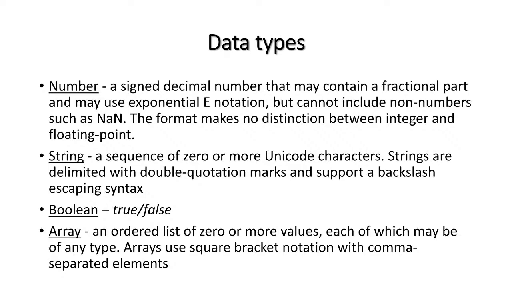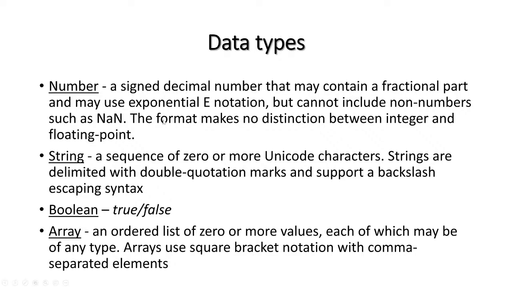Then another type is string. There is also no separate type for characters. It's just a string, a sequence of zero or more Unicode characters. Strings are delimited with double quotation marks and support the backslash escaping character, same as in Java.